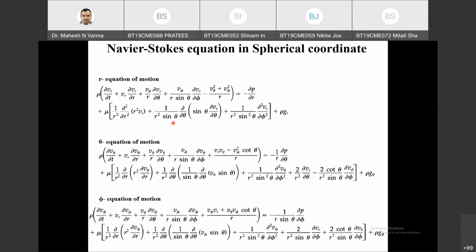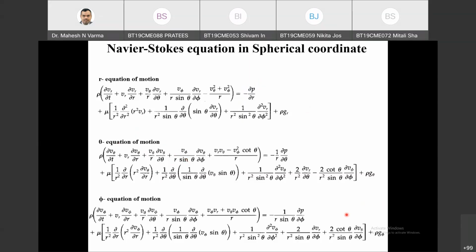What will you get from the R equation of motion? Sir, we'll get 0. No, this will give me the variation of pressure with respect to R. Just now I explained everything. And what outcome will you get after solving the theta equation of motion?